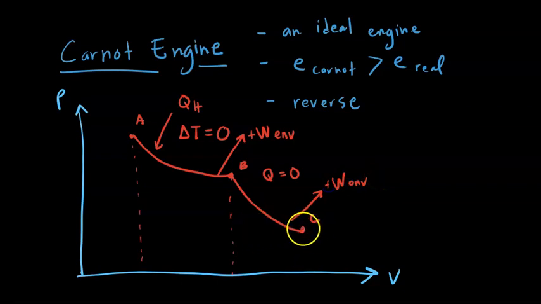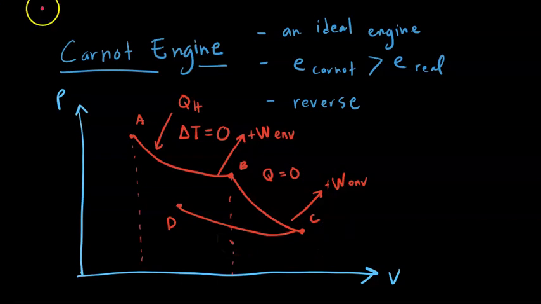And then C to D. So this point is D. This is an isothermal compression. We have learned in the previous parts that for a gas to be compressed, the environment has to do work on the system, right?